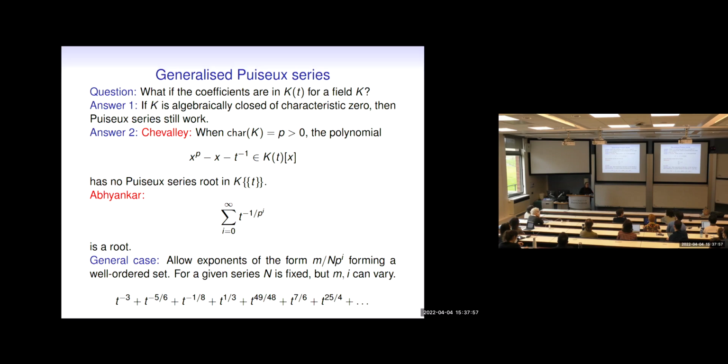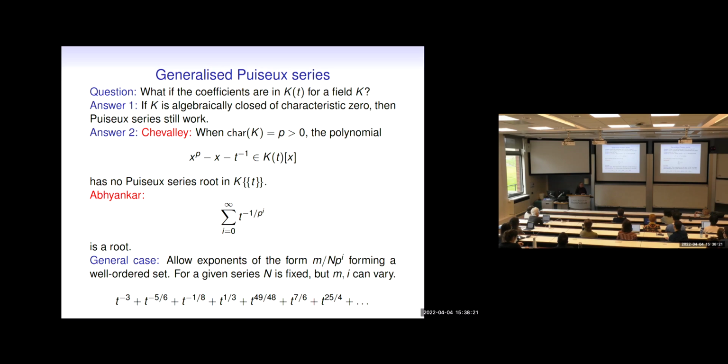Well ordering in the first-year analysis sense: the exponents are subsets of the real numbers, and we want that to be a well-ordered subset of the real numbers. Okay, so this is on the bottom line.